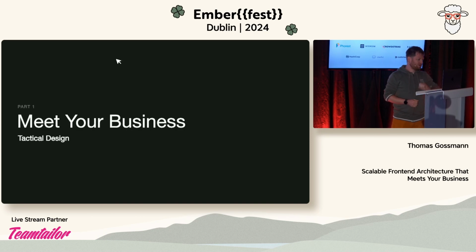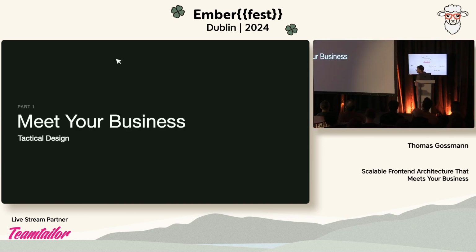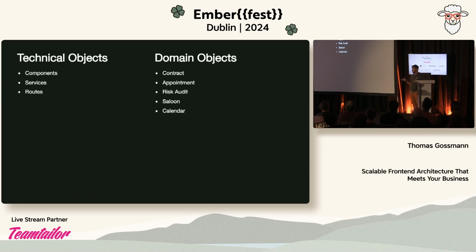So let's meet our business end first, and then see how we can scale it up. What we see in our businesses or in the code bases is that we have these technical objects like components, services, and routes, and we also have these domain objects, those that make the business, the product, like a contract, an appointment, risk audit, a saloon, or a calendar, stuff like that.